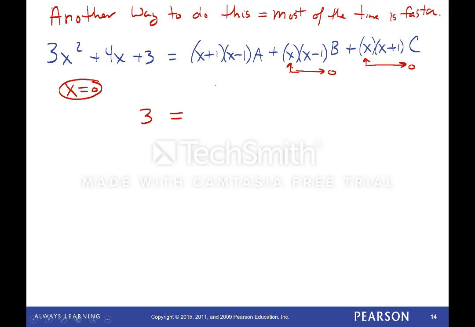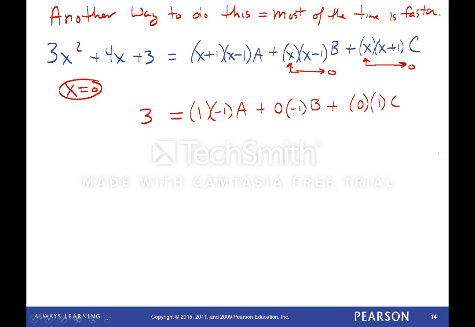Over here, 0 plus 1 is 1, and 0 minus 1 is negative 1, and then we have the multiplier of a. The rest will become zeros: 0 times negative 1 for the b term, and 0 for the c term.